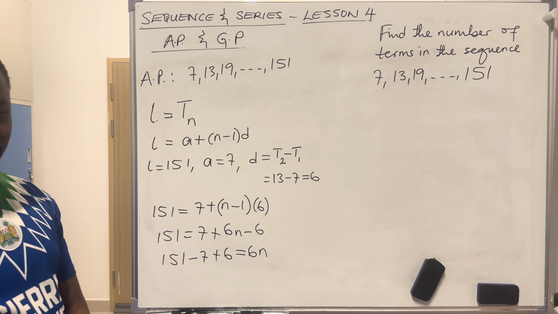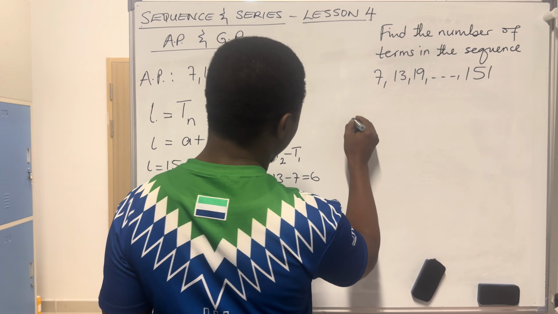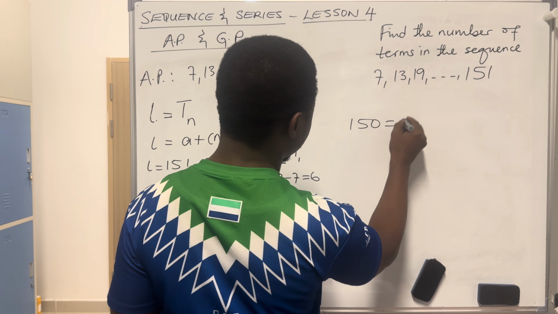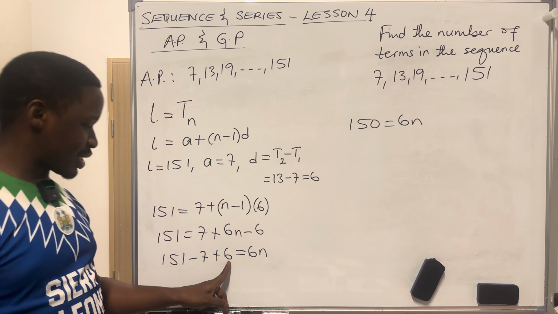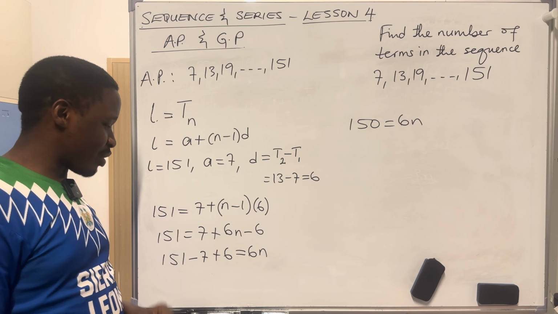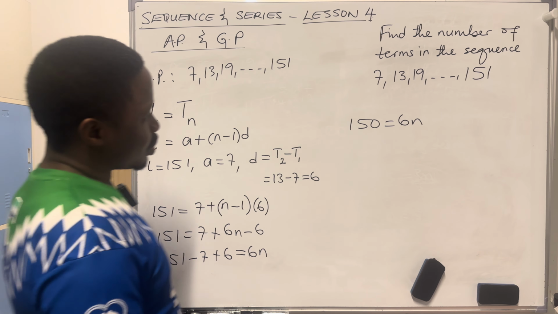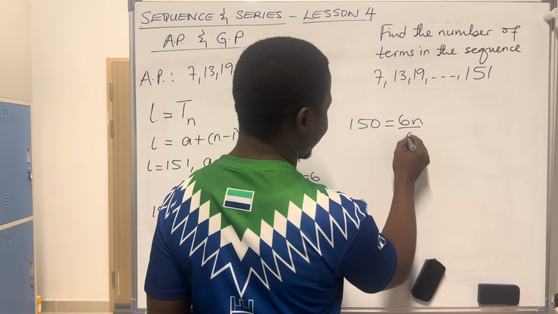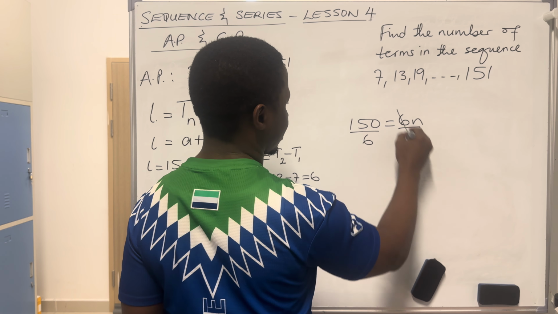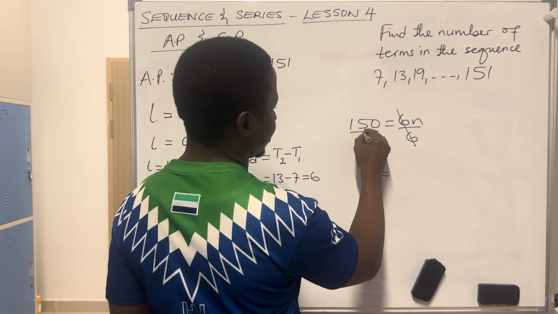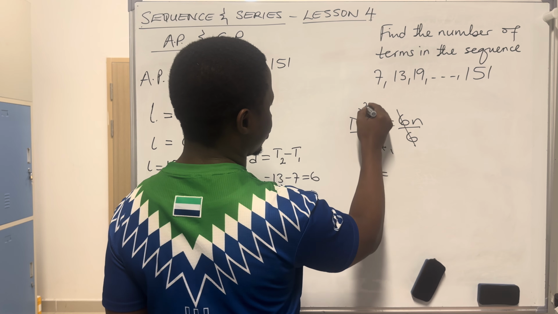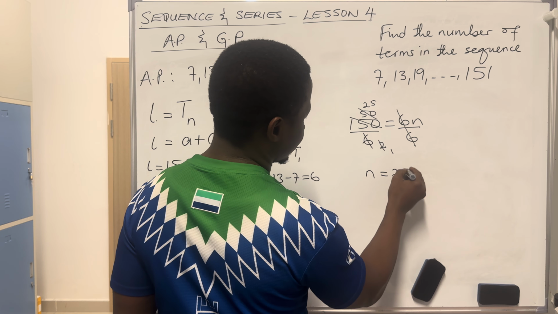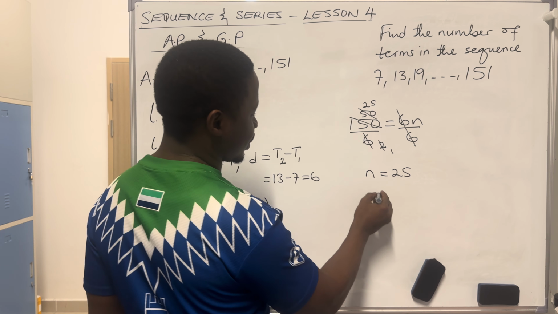I hope it is clear. So we say 150 equals 6n. We need n, so we divide by 6. 6 into 150: 25. So there are 25 terms.